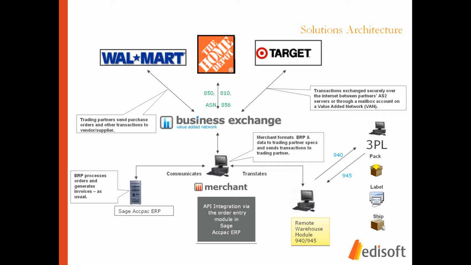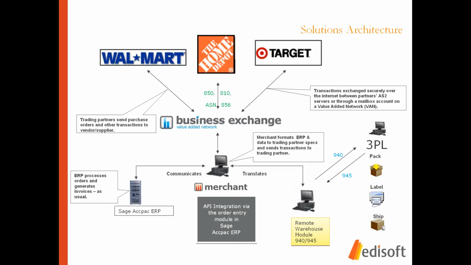The order information would then be posted to the Sage ACPAC ERP application, basically ensuring data accuracy and data integrity. That particular order detail would then be sent by the remote warehouse module to the third-party logistics warehouse.